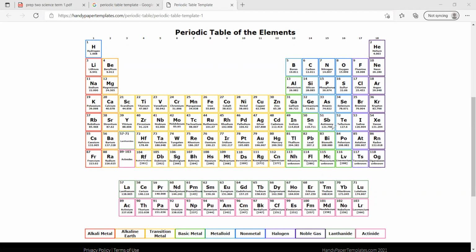Yes, when the atomic size increases, the metallic property also increases.